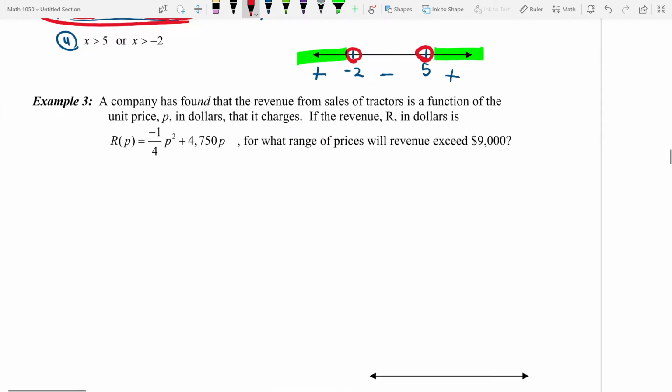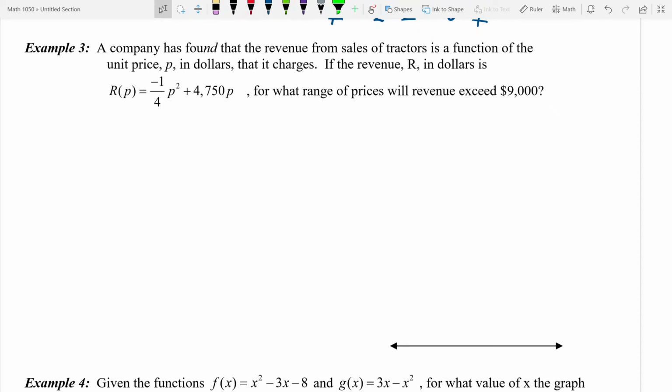Okay? Example 3. A company has found that the revenue from the sales of tractors is a function of the price that it charges. If the revenue in dollars is this, what range of prices will the revenue exceed $9,000? Okay? Revenue is this.